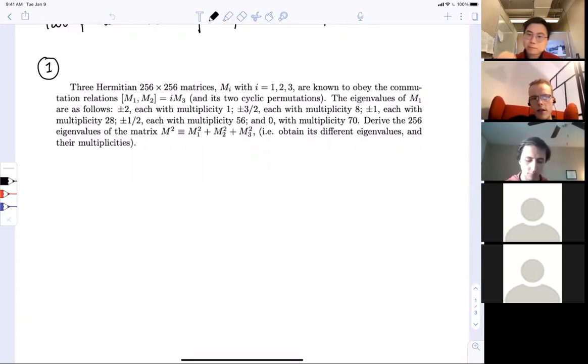Just to clarify, are the eigenvalues specified only for M1? M1. Okay. Yeah.